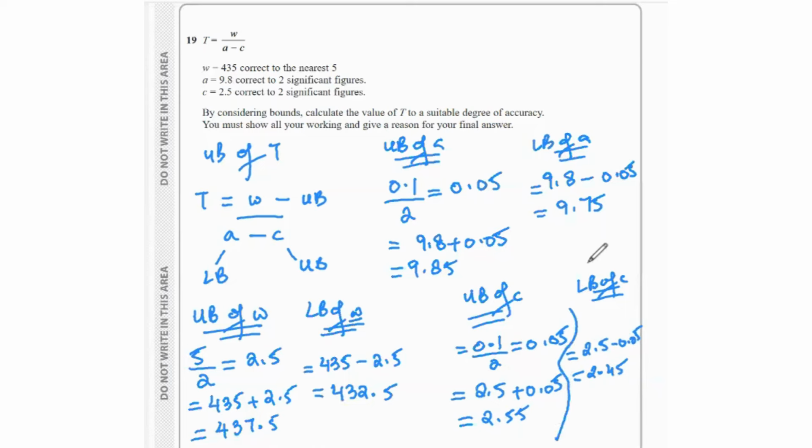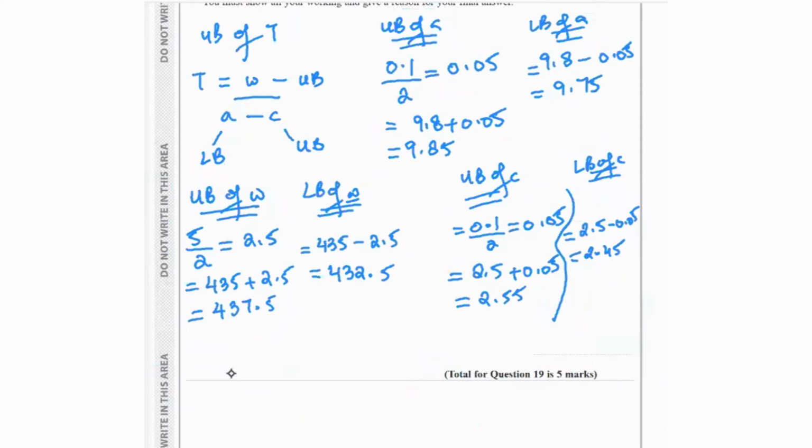So now that we have all of the upper bounds and lower bounds, we move on to finding the upper bound and lower bound for T. So upper bound of T would be 437.5 over 9.75 minus 2.55.